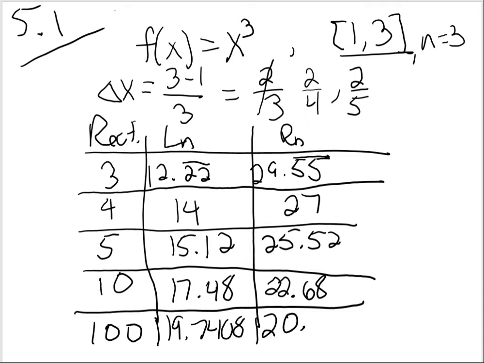What you're getting here is that the Ln, the left sums, are sort of increasing, and they're getting close to 20, I would say, just looking at this table. And the Rn, which was the overestimate, is decreasing also to about 20.